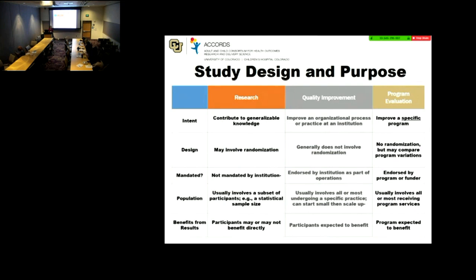You're in this room because you're interested in the research aspect of it, and we're going to focus mostly on that, but I wanted to point this out because you can do very good work using existing technologies to improve a practice or quality improvement practice, to test something new, to try shifting a delivery. You can publish on those things. And if you're looking at using a technology solution to improve a specific program, that's possible as well. That's something that you can evaluate in a rigorous fashion as well.